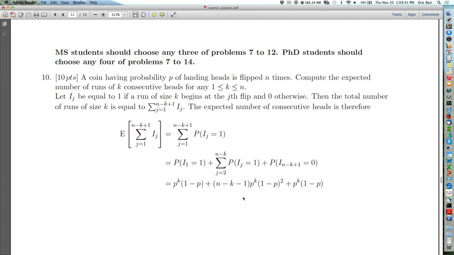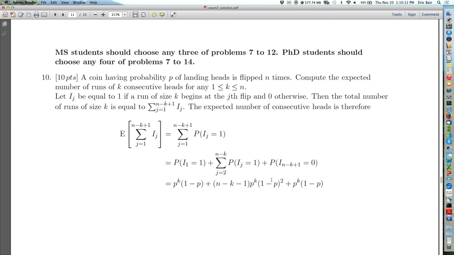And if j is equal to 1, then you have to get k heads in a row followed by a tail, which has probability p to the k times 1 minus p. Likewise, at position n minus k plus 1, you have to have a tail followed by k heads, which also has probability p to the k times 1 minus p.